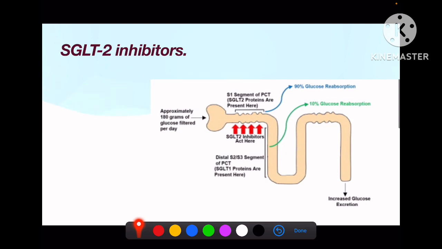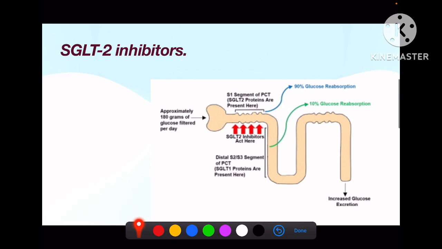I just want to emphasize here how this drug is working in your body. It will affect the first segment of the proximal convoluted tubule, where the SGLT2 receptor is located, and we will block that receptor.